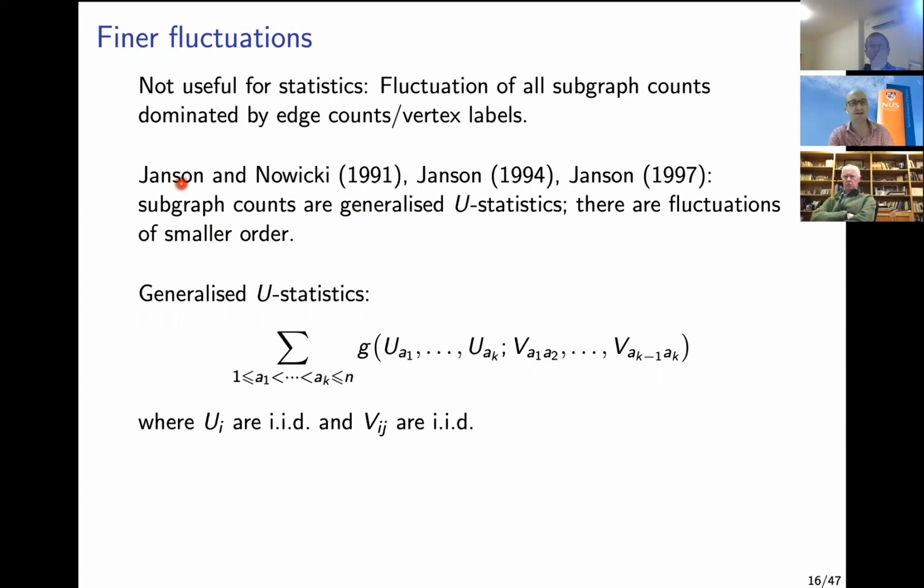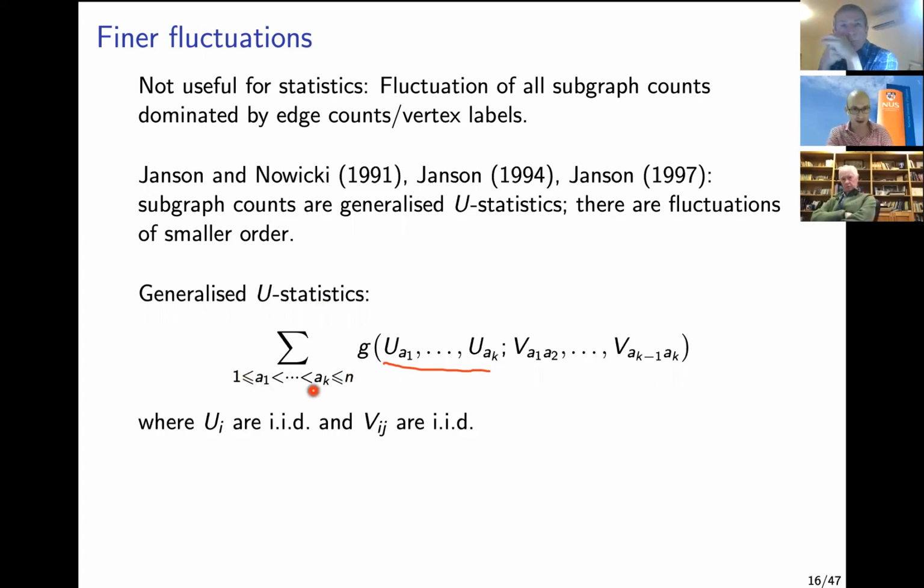generalized U statistics that was introduced by Janson and Nowicki in '91 in the context of random graphs. So let me quickly tell you what a generalized U statistic is. It's essentially a U statistic. You can see here, that's the U statistic part. So you have IID random variables U_i, and we're summing over ordered tuples of indices.